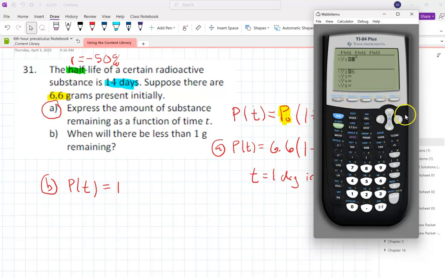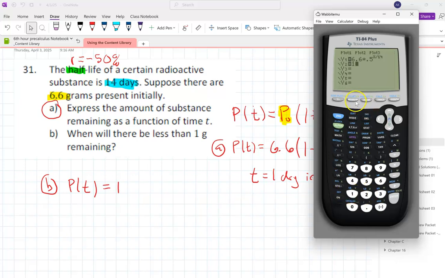I'm just going to type in my equation for P of T. One plus negative 50 over 100 is just a half. That's why I wrote 0.5 there. It just was easier to type in my calculator.